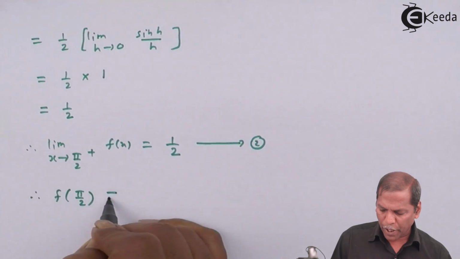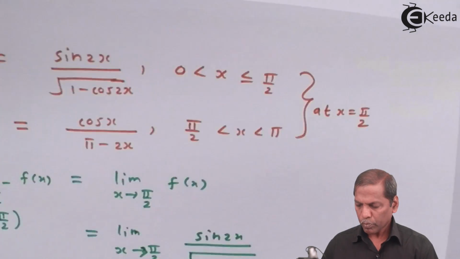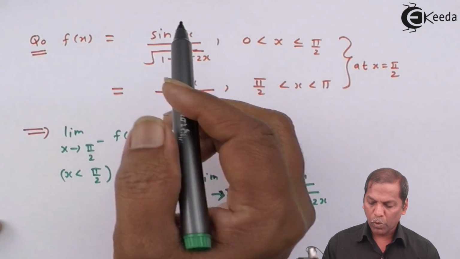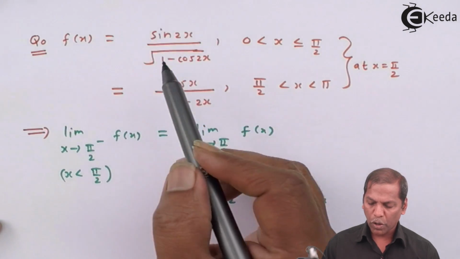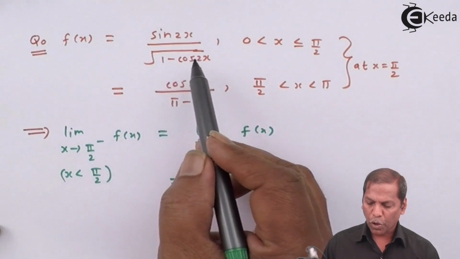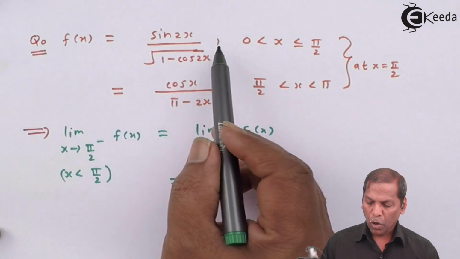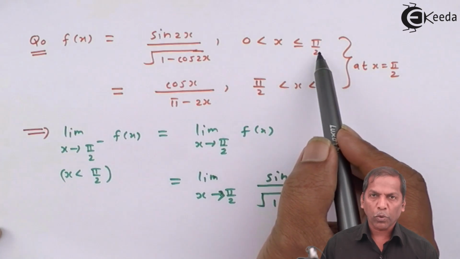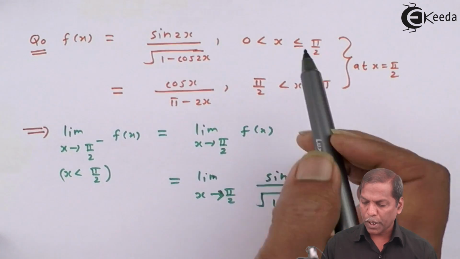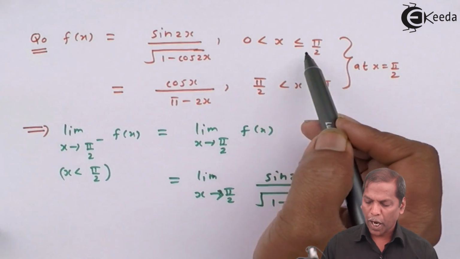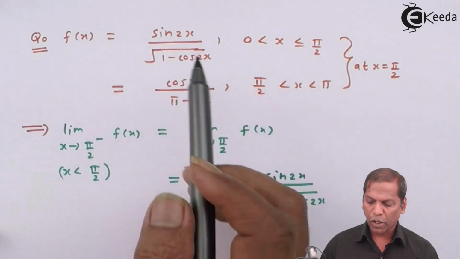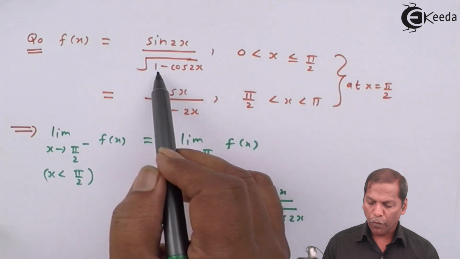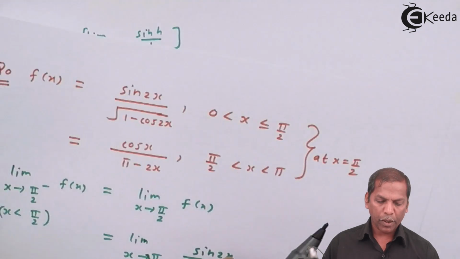Therefore f of pi by 2 is equal to, now we have f of x is equal to sine of 2x upon square root of 1 minus cos 2x, 0 less than x less than pi by 2. So here for x equal to pi by 2, we have the function f of x equal to sine of 2x upon square root of 1 minus cos of 2x.